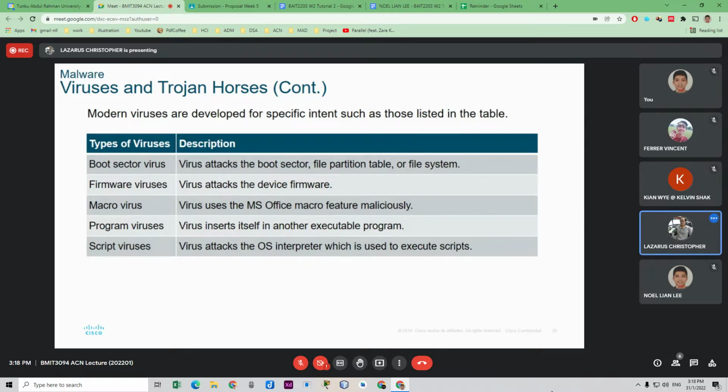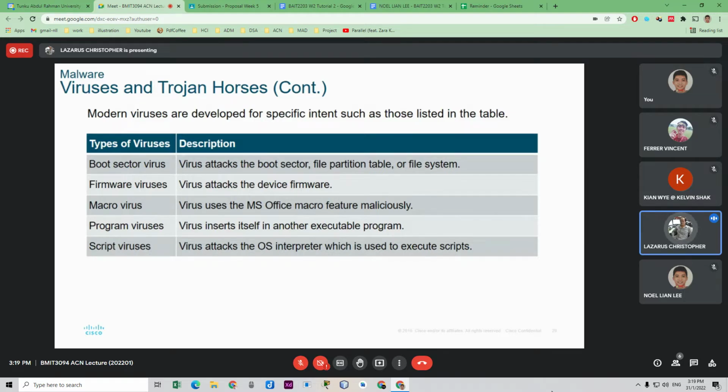So every time you boot up your hard disk, or if you switch off your computer and you forgot the pen drive inside the USB port, and sometimes your motherboard is set to boot up from the USB, if not from the hard drive, then the virus automatically executes. Right? It can attack the boot sector, your file partition table, or file system.